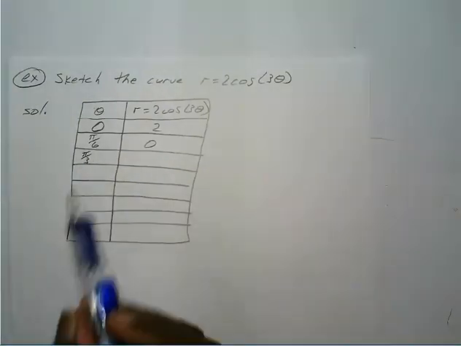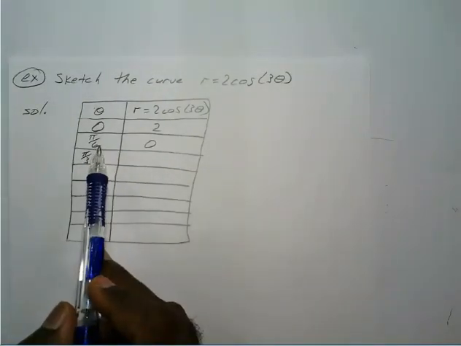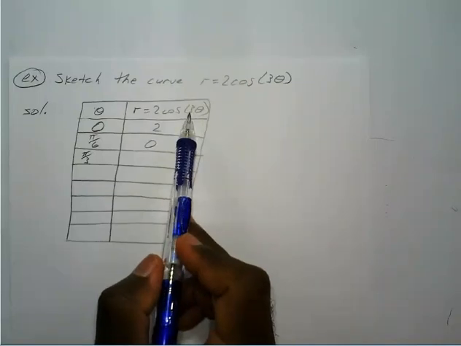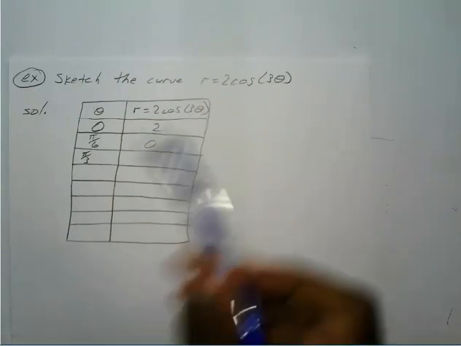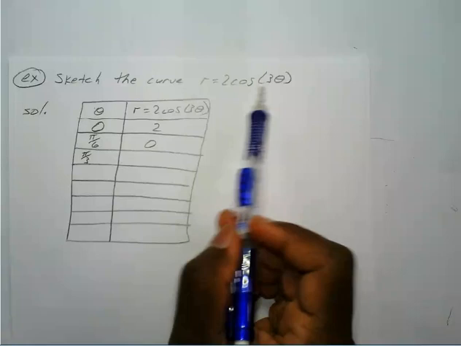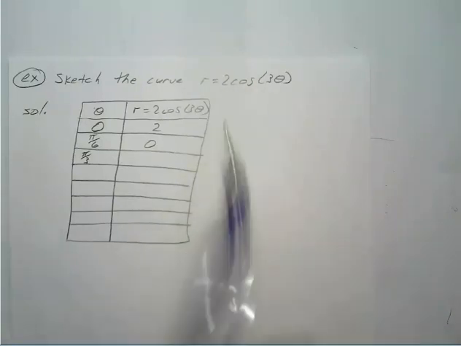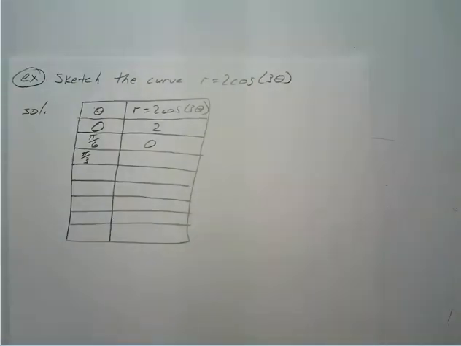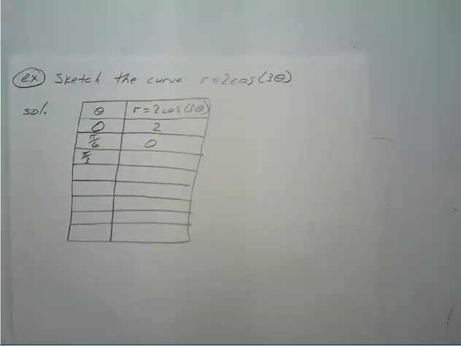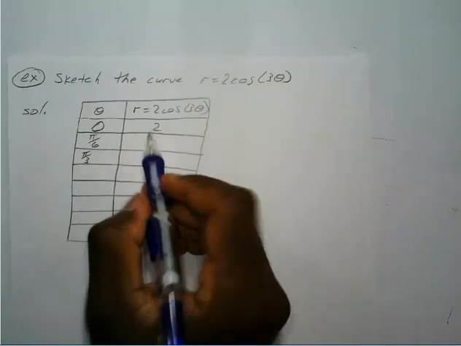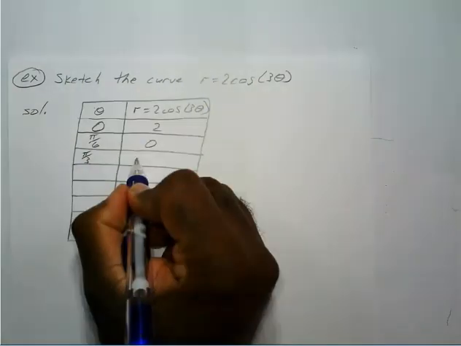If you notice the pattern, I'm picking denominators that will cancel with the 3. That's why I'm picking pi over 6, pi over 3, and also ones that will give us easy numbers, no big fractions to deal with. So that's why I'm carefully picking my values of theta. If we plug in pi over 3, our r will equal -2.